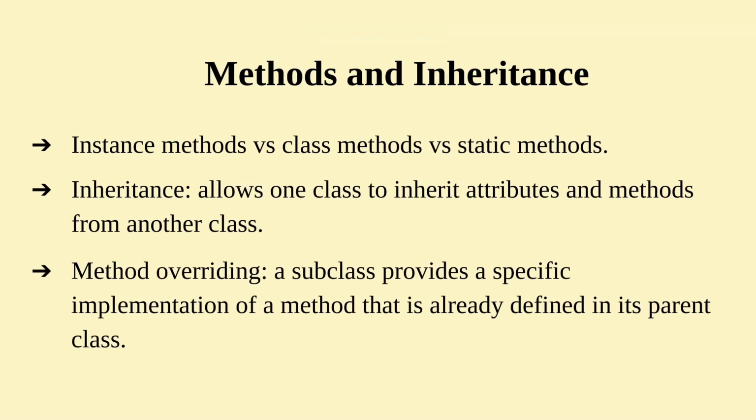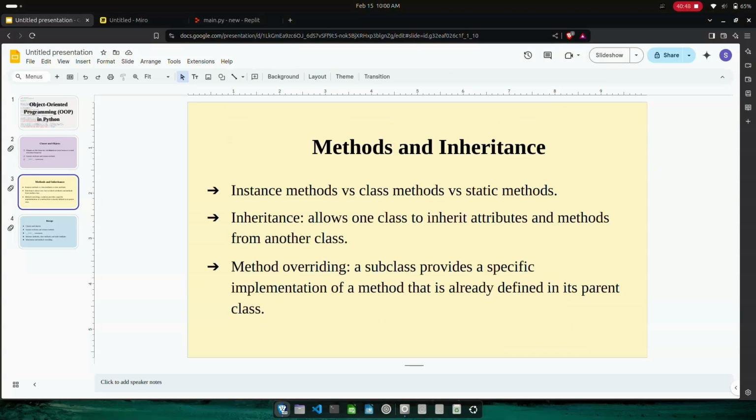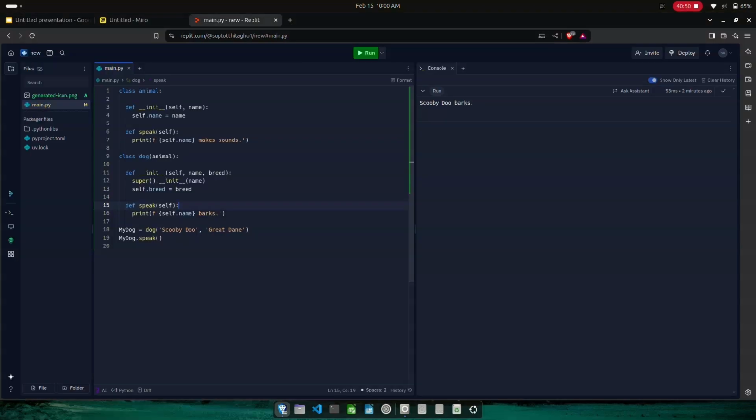Alright, so next we have method overwriting. This is where a subclass provides a specific implementation of a method that is already defined in its parent class. Here we have already actually done it.